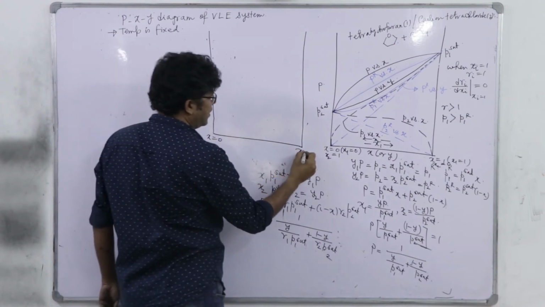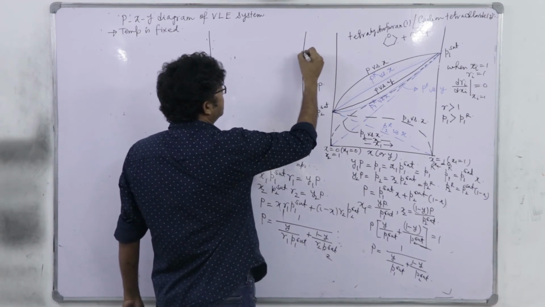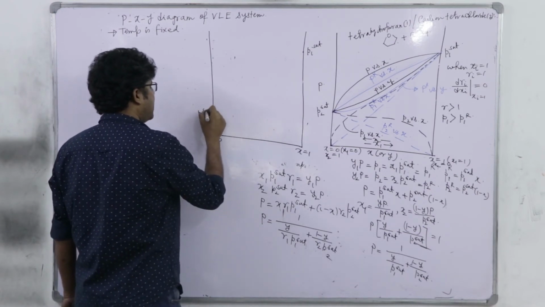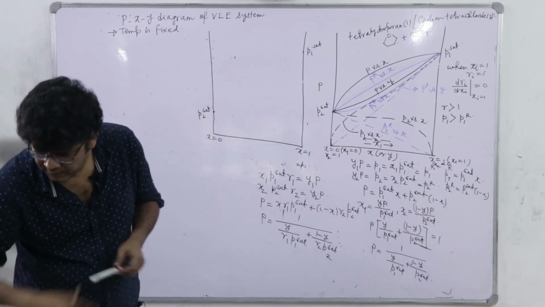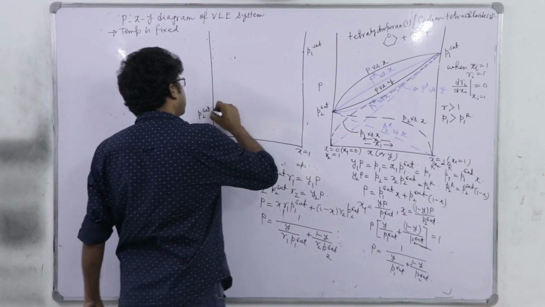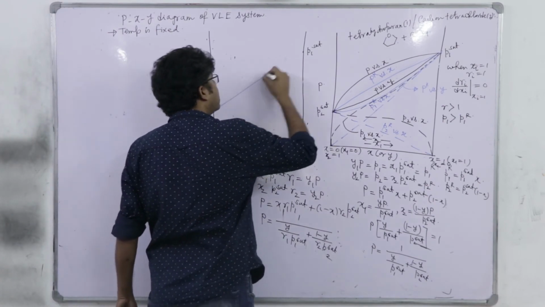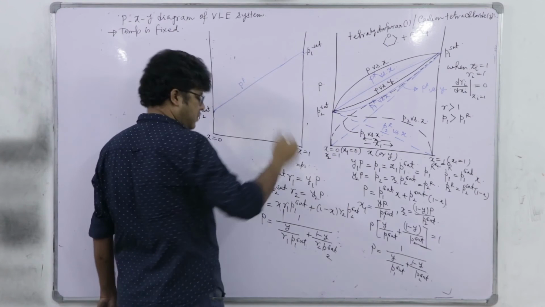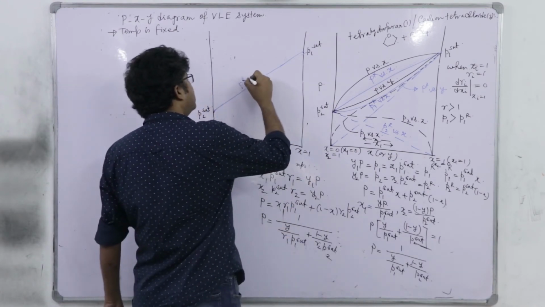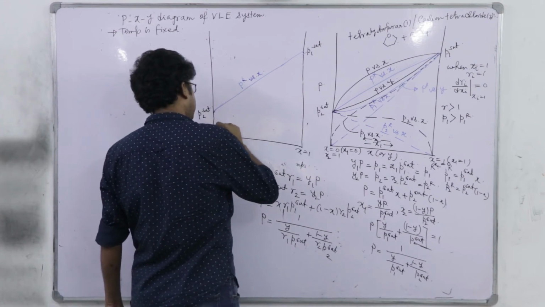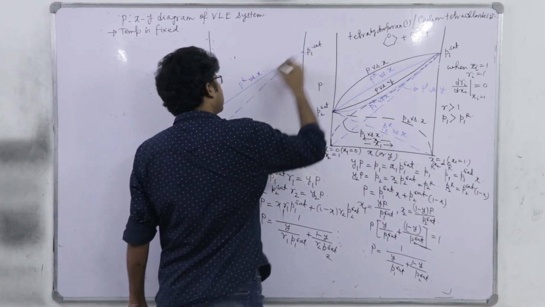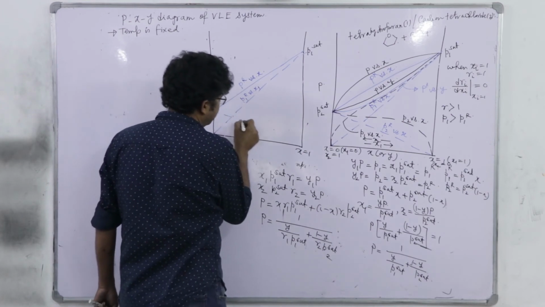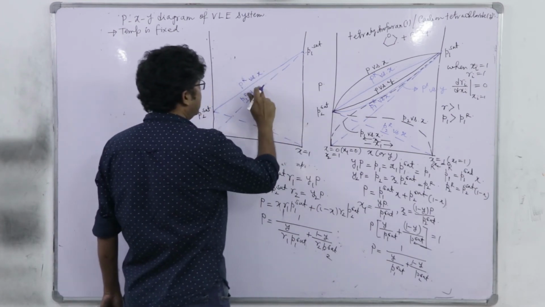So, x equal to 0, x equal to 1, this is P1 sat, this is P2 sat, and that is the curve for P Raoult versus x, this is P1 Raoult versus x1 or x, whatever, the same.